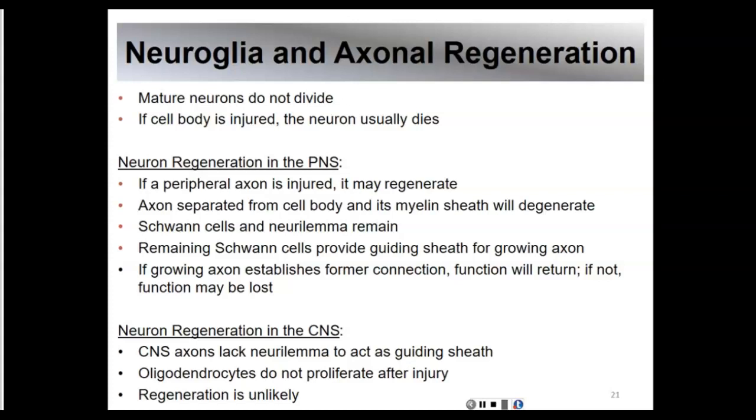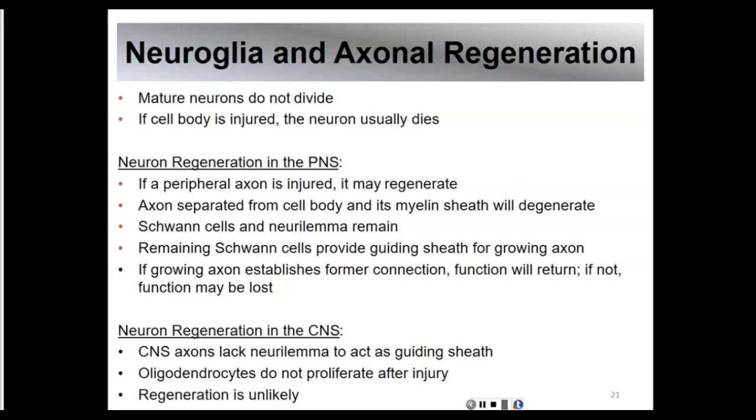If it's close to the cell body, it can cause death, but if the axon is separated from the cell body and its myelin sheath, it will degenerate. The Schwann cell and the neurolemma, which is like the outer layer, will remain, and then remaining Schwann cells will provide a guiding sheath for a growing axon.